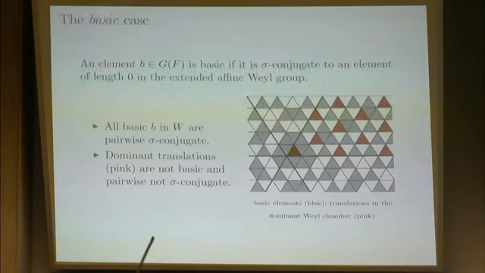So let me tell you what this subclass is. So an element B in this group is by definition basic if it's sigma conjugate to an element of length 1 in the extended affine Weil group. So the extended affine Weil group is, instead of taking the spherical Weil group in a semidirect product with a co-root lattice, you take it in a semidirect product with a co-weight lattice.